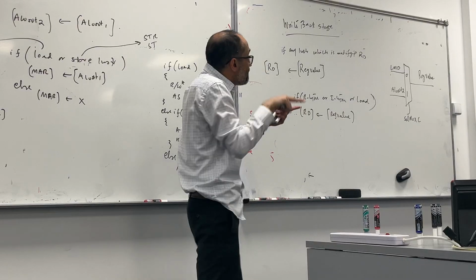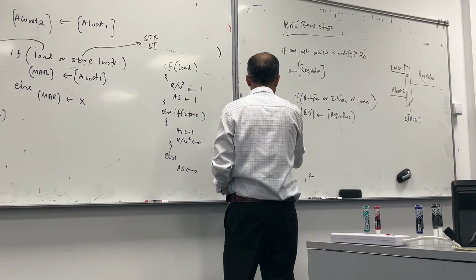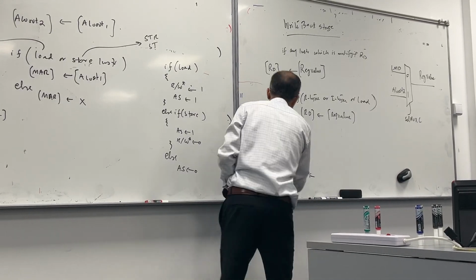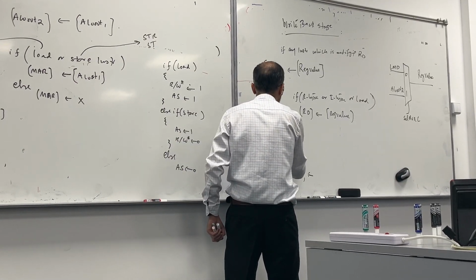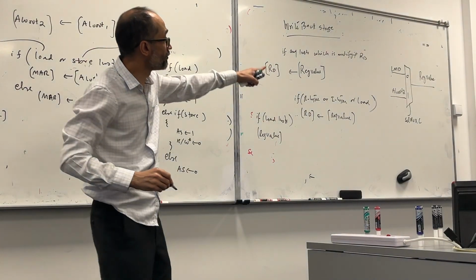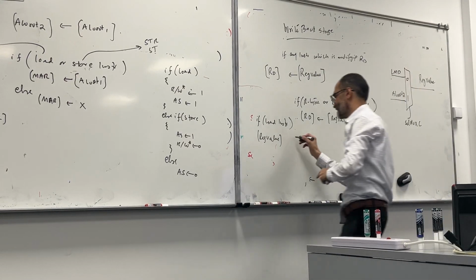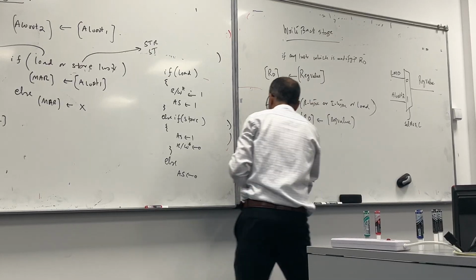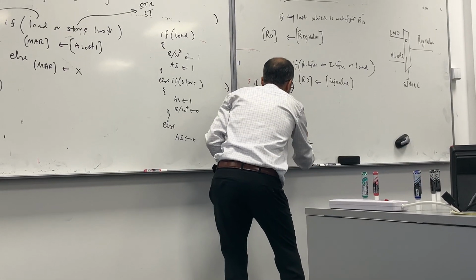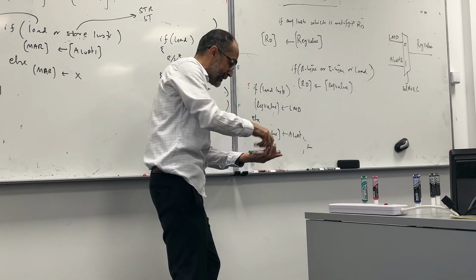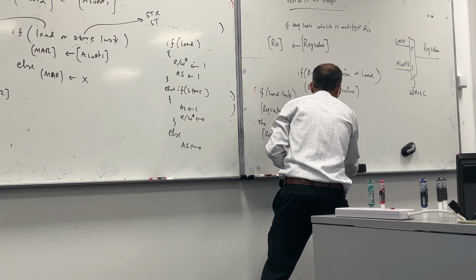Now the reg value itself depends on LMD and ALU output 2. So if it is a load instruction, what will be the reg value? Help me. Yes. If it's a load instruction, the reg value will be LMD. Else, the reg value will be ALU output 2. And for this case, what will be the value of select mux C?